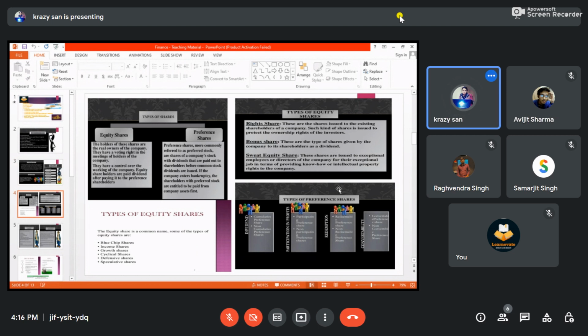Preference shares are commonly referred to as preferred stock of the company, and they only get a fixed dividend.